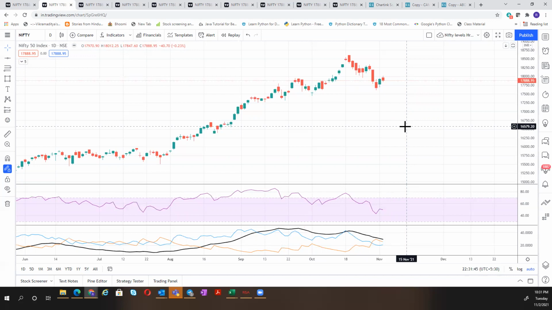As said, the general rule of thumb is above 70 is overbought region, below 30 is oversold region. What do you mean by overbought? It means momentum has gone very high and anytime the market may reverse. And below 30 means momentum has gone so low, anytime it can reverse. But is that the way you need to use?